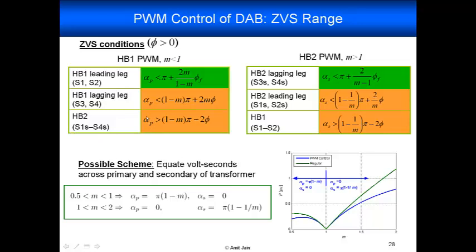So increasing this phase shift alpha p gives us a higher range for ZVS of S1S through S4S, but when we start increasing this alpha p, we start losing the ZVS capability in the lagging leg of HB1.